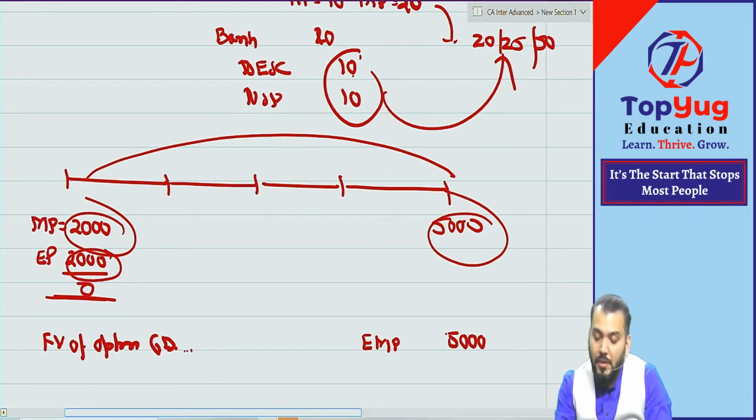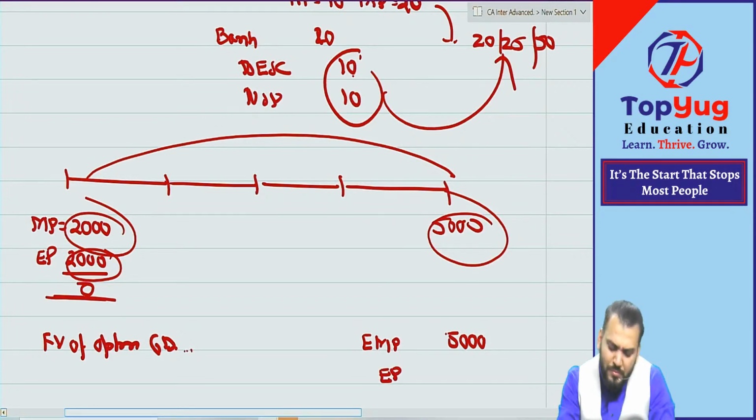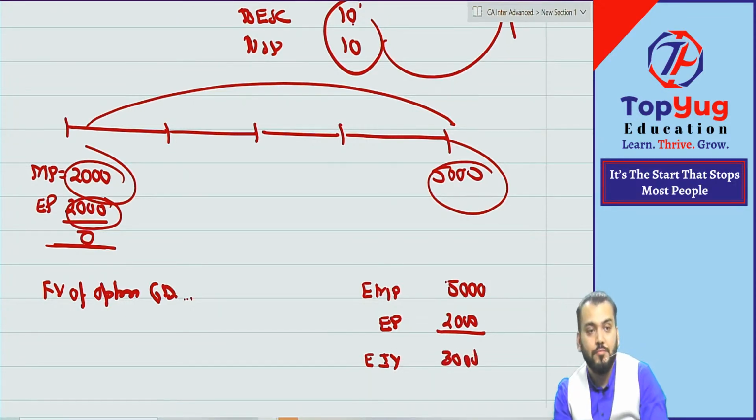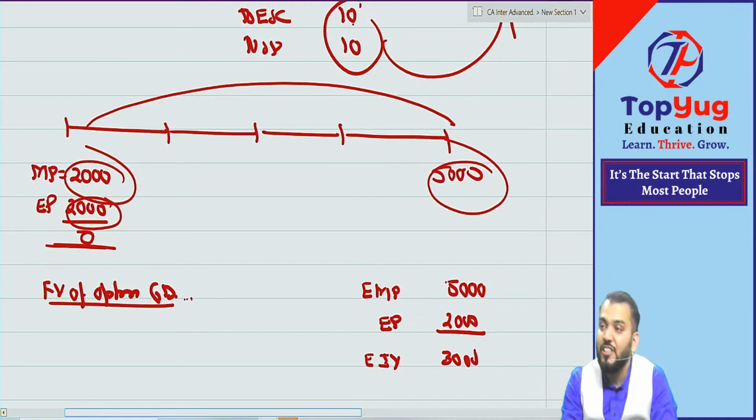And exercise price is known, it is 2,000. So can you say this becomes expected intrinsic value? This is expected intrinsic value on which day? On exercise day. Correct. Understood. But you need to calculate fair value of option on which day?